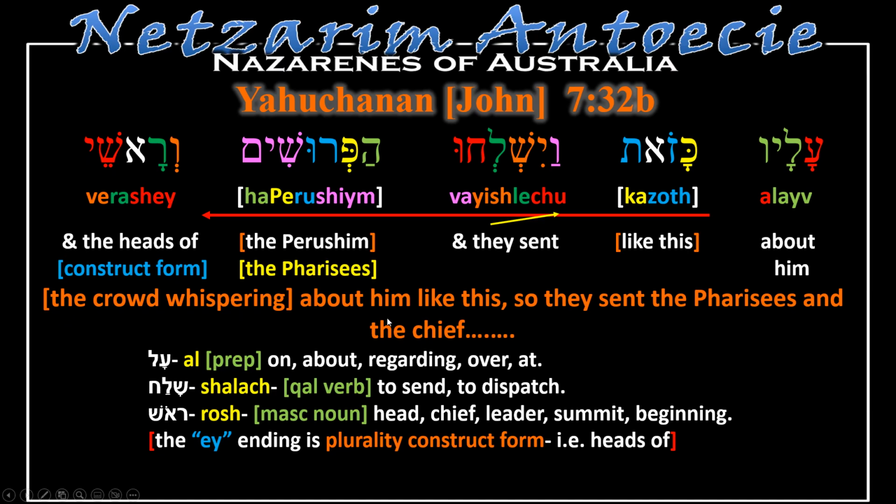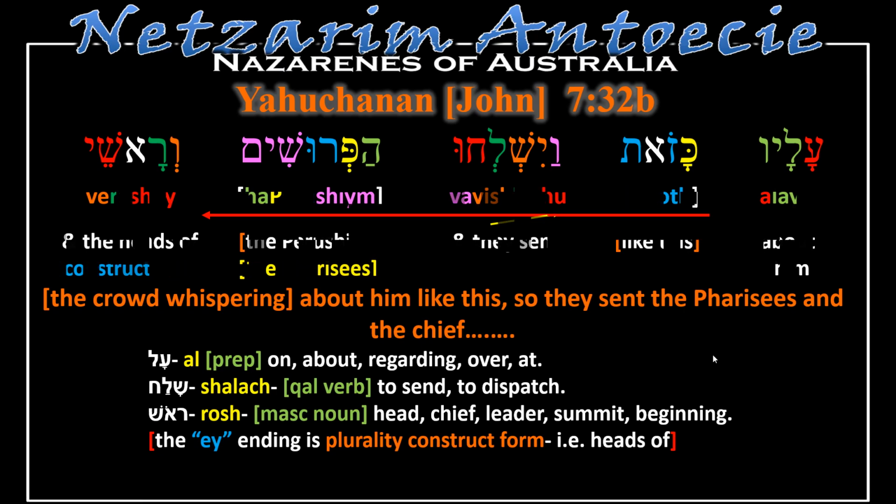The crowd whispering about him like this, so they sent the Pharisees and the chief. And of course, rosh is the root there. Masculine noun meaning head, chief, leader, summit, beginning. And I've just given you that the i ending is plurality construct form, the heads of.